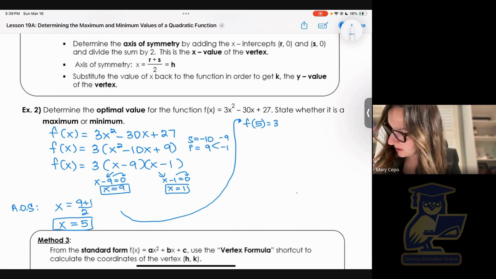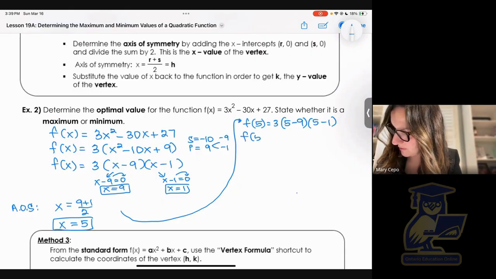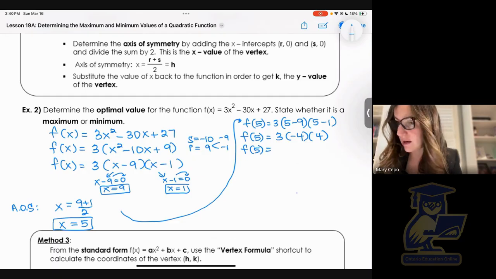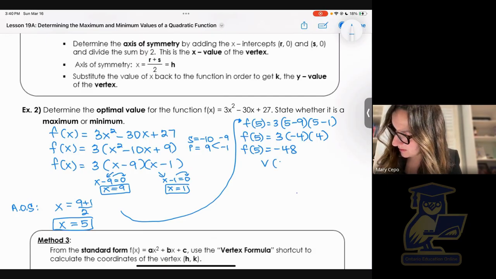We're going to say 3 times (5 minus 9) times (5 minus 1). f at 5 is equal to 3 times (5 minus 9), which is negative 4, times (5 minus 1), which is 4. f at 5 is equal to negative 3 times negative 4 is negative 12. Negative 12 times 4, which is negative 48. So again, the vertex here is (5, negative 48).